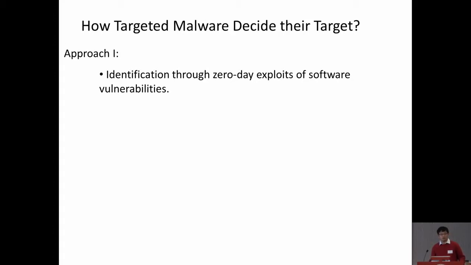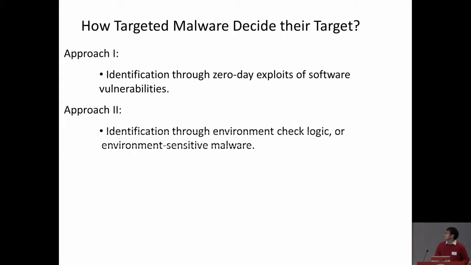That's what Stuxnet did to exploit the Siemens PLC devices. And the second approach, which is more common, is they identify through environment check logic. We also call such malware that embeds environment check logic environment-sensitive malware.